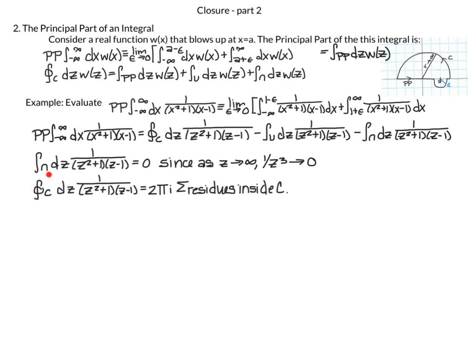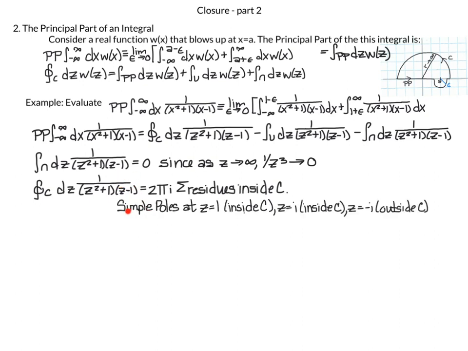We go to the next part, our closed curve, and I've already kind of mentioned this. To get the integral around our closed curve of 1 over z squared plus 1, z minus 1, we're going to use the residue theorem. So we need to find the singularities inside of C. And now, remember, we are in the complex plane. So here we do need to factor z squared plus 1 into z plus i and z minus i, so that we have z equals plus and minus i as two singularities, as well as z equals 1.